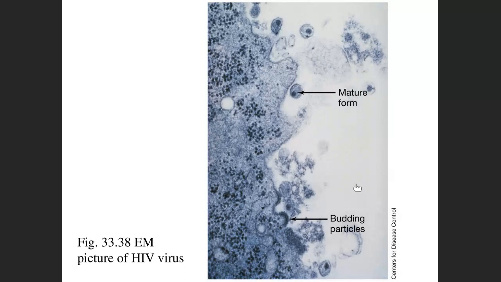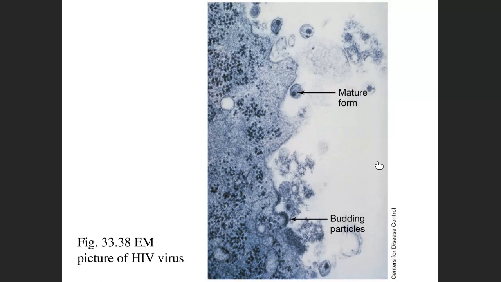And so that's the problem. The cells are continuously producing these viral particles, right? Because we know the viral particle goes into the cell and then reverse transcribes and then integrates into your genome.